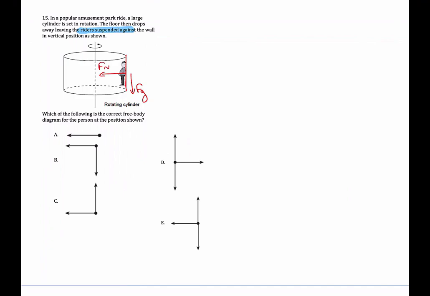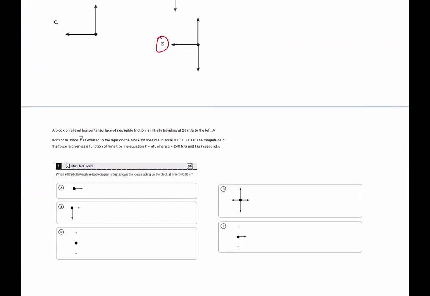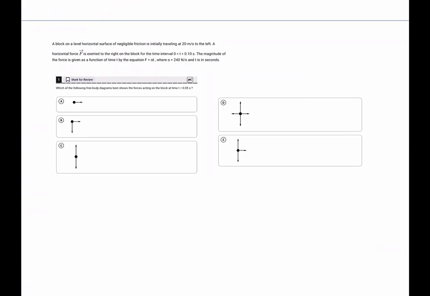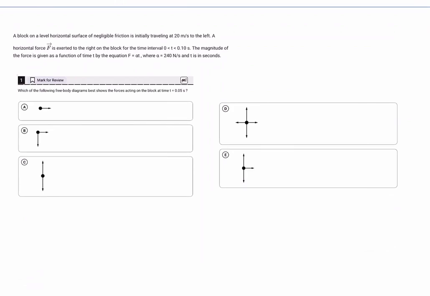And since the person is suspended, meaning he doesn't fall down, there must be an opposing force to the force of gravity. This force is the force of friction. So the best free body diagram that shows the forces acting on the person is diagram E.